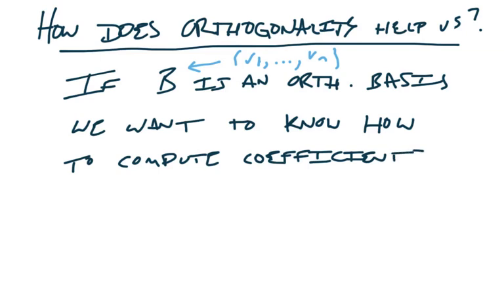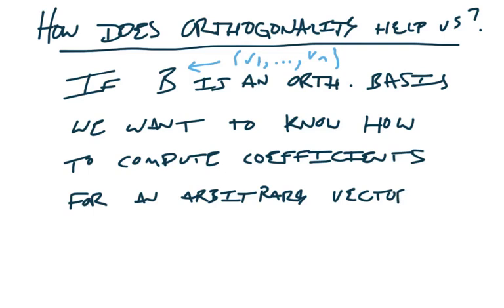How do we compute coefficients for an arbitrary vector? We've got the V1 through Vn, so maybe I'll call it U, in our space.